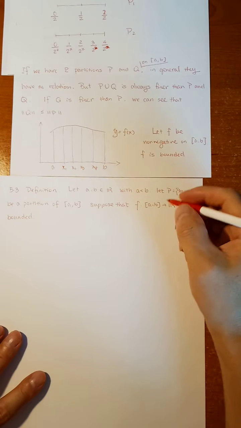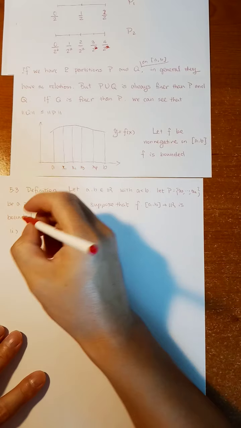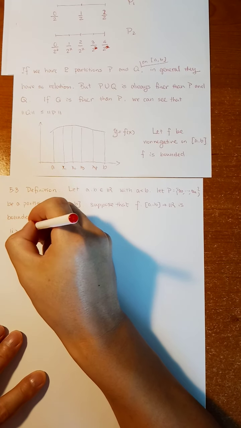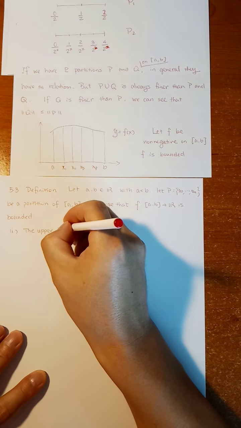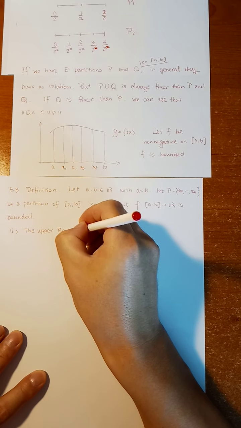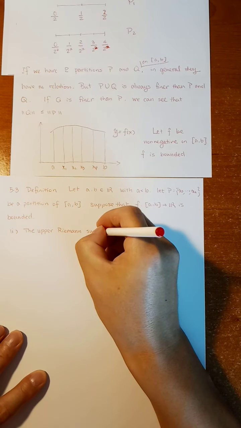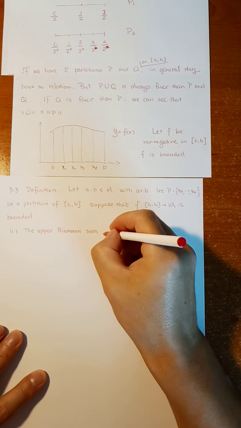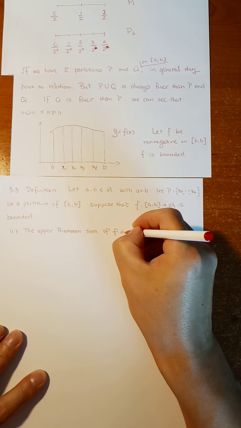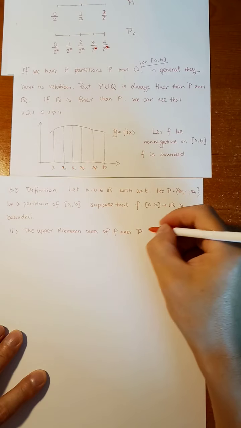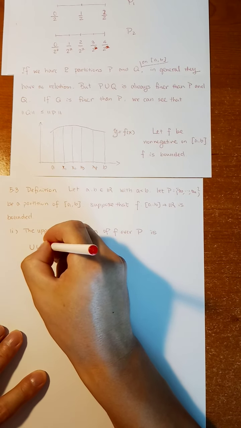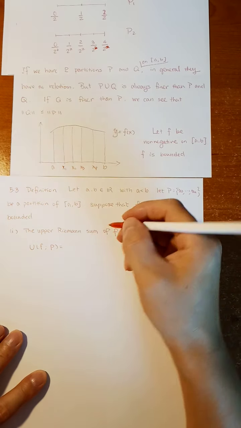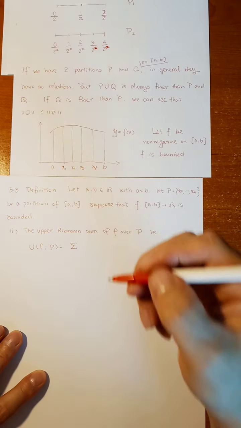To be bounded. And then we define first the upper Riemann sum of f over P. What is it? U(f, P) is equal to, remember we're going to have a Riemann sum.